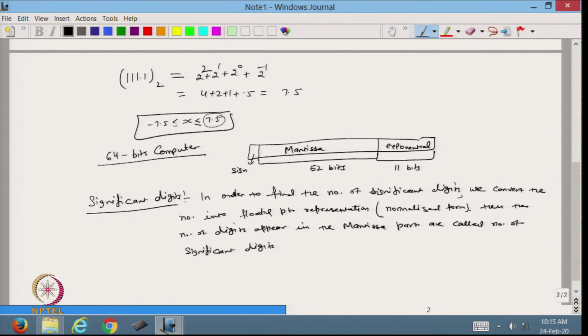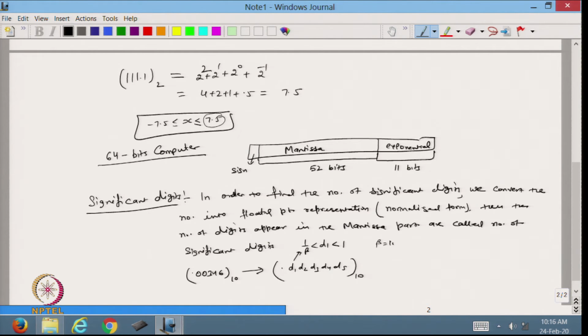Okay. So, for example, suppose I have a number like 0.00346. That is my number in decimal form. In the normalized form, this number can be written as 0.D1 D2 D3 D4 D5, where D1 should be greater than or equal to 1 by beta, where beta is the base I am taking.